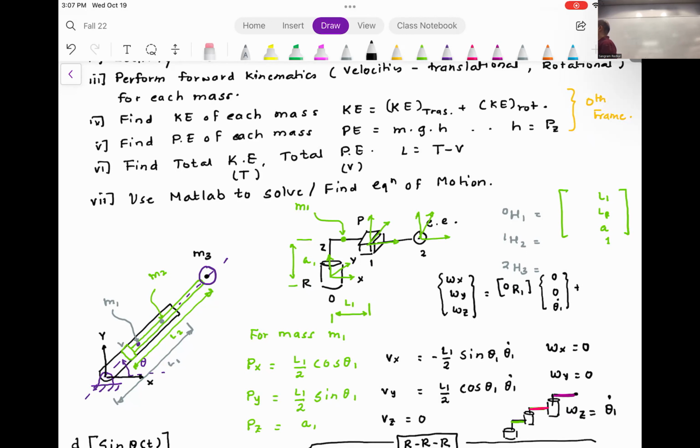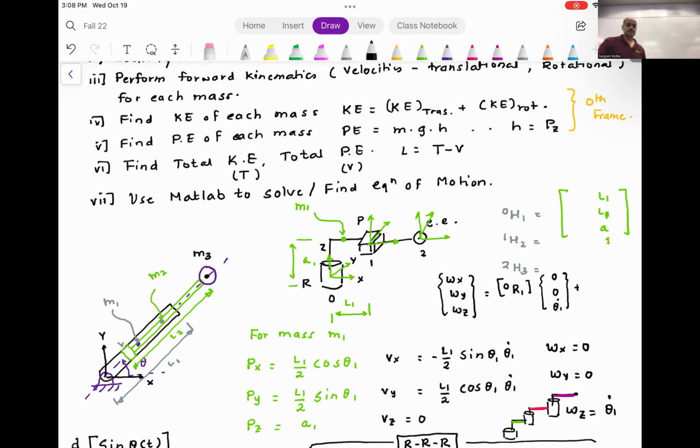But when we go to the dynamic analysis, the first step is to identify the locations of masses. In this robot arm, the masses are at locations M1, M2, and M3. Step 1 is to find the position of masses.